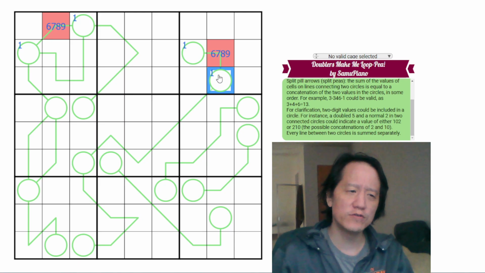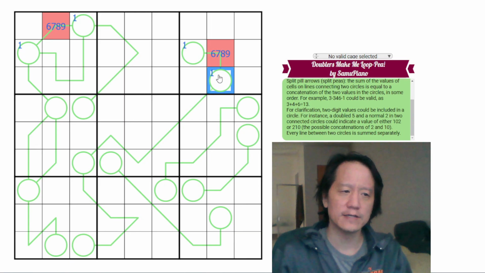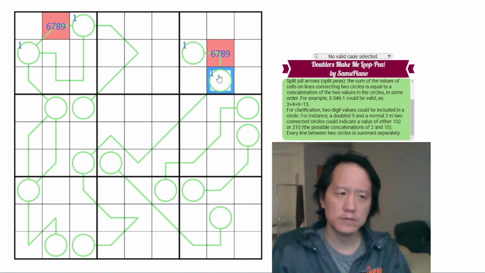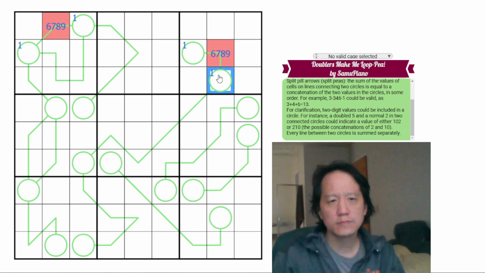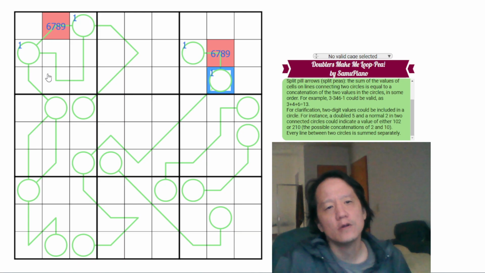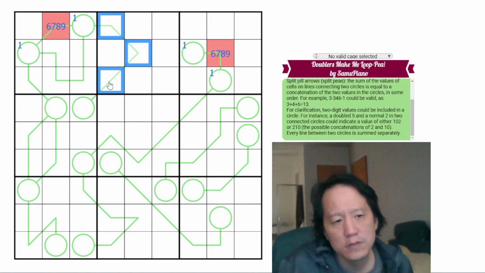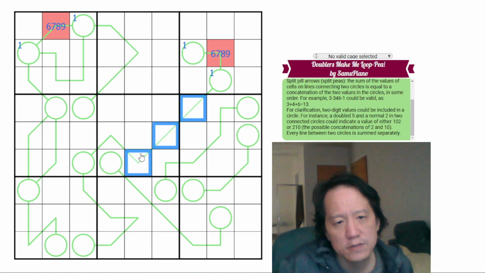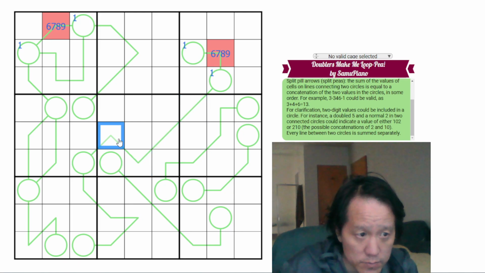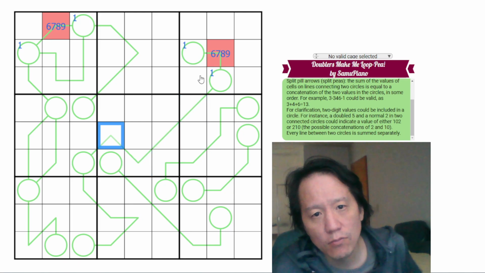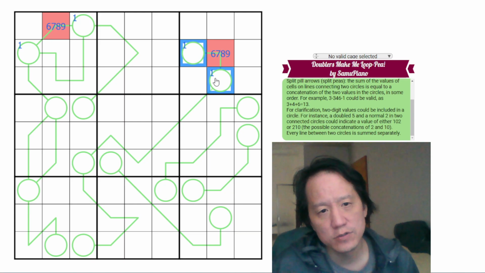So it's either 12, 14, 16, or 18. This could be the same along the lines. Even if this was 3 doubled, okay. So these could be doubled. We just don't know.